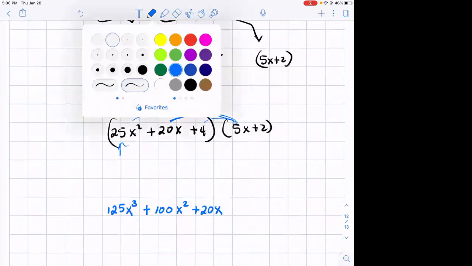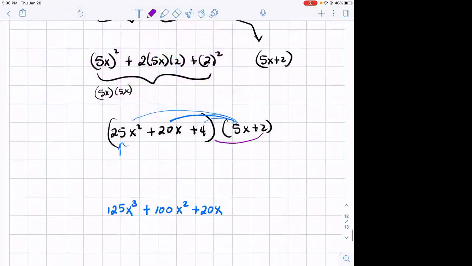And now we distribute the 2. 2 times 25 becomes plus 50x squared. 2 times 20 becomes plus 40x, and 2 times 4 becomes 8.